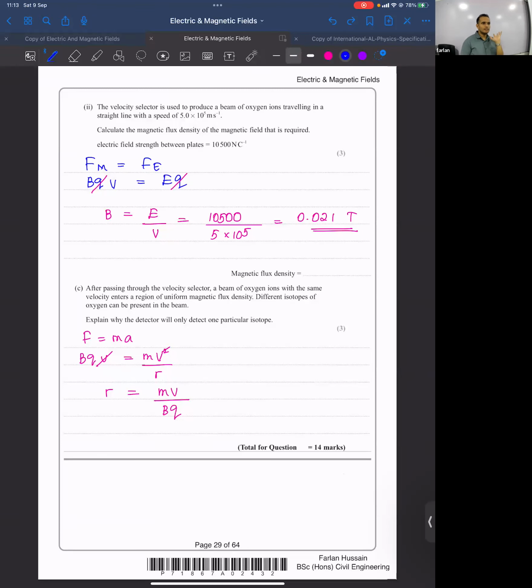That is the core part. Different isotopes have different masses. So their radius will be different.